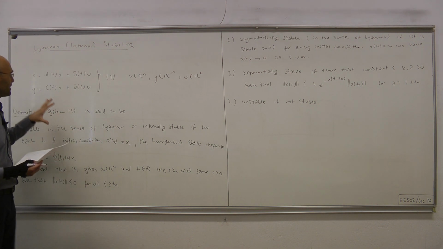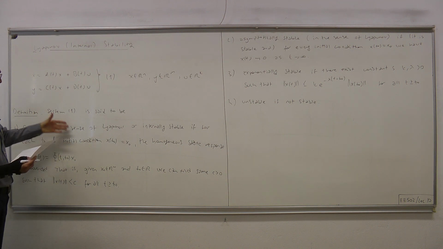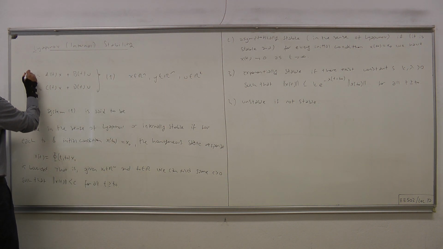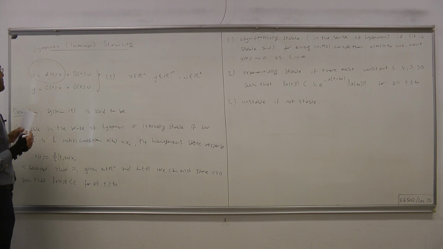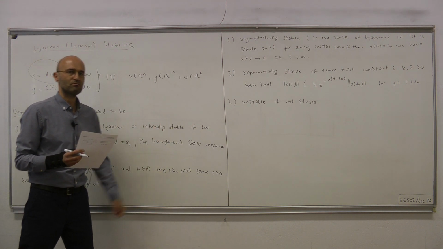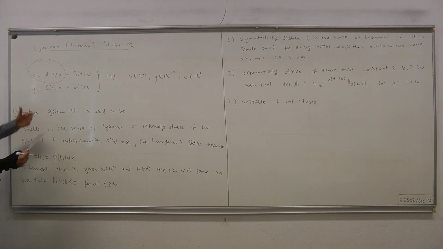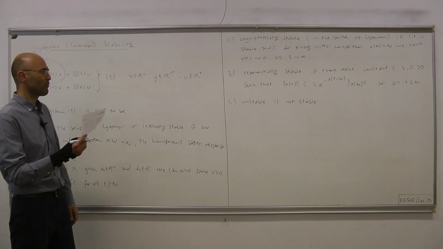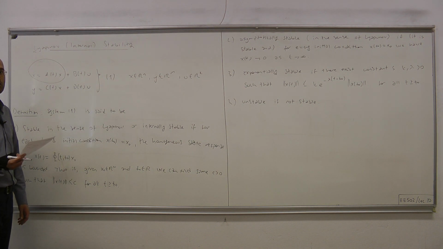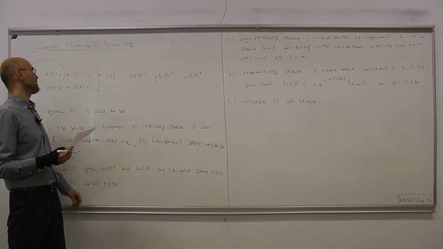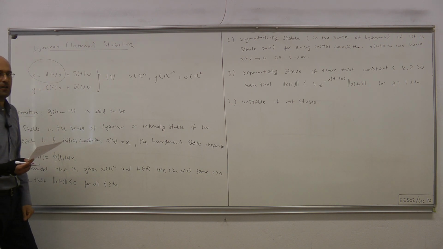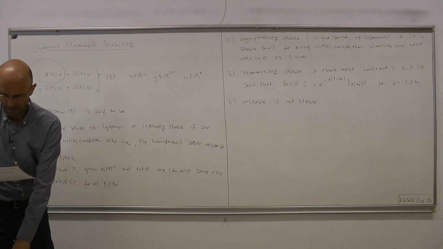Therefore, this system is stable or asymptotically stable or exponentially stable and so on if and only if the system x dot equals Ax is stable or asymptotically stable or exponentially stable. Okay, so for simplicity therefore and without loss of generality, we will be studying the stability for this homogeneous case, x dot equals Ax. So let's put that down.